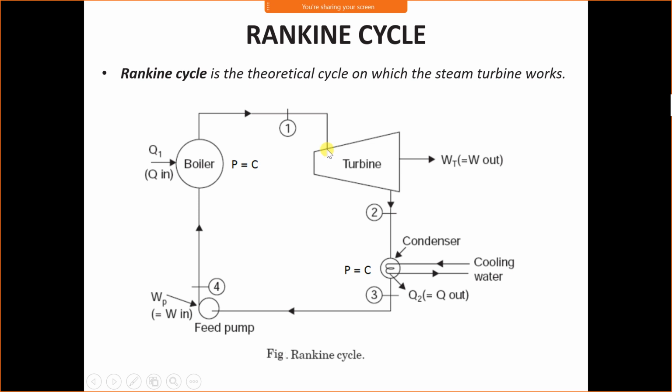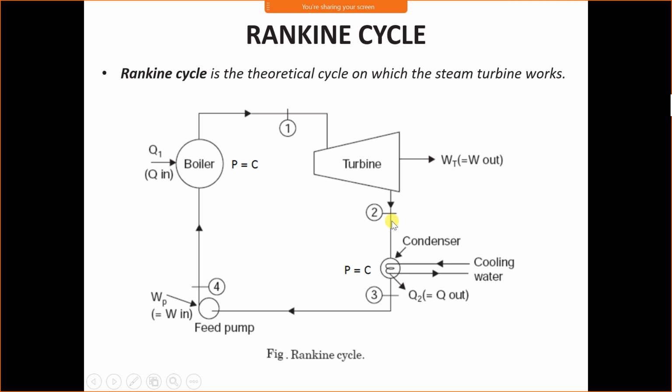The steam which is supplied to the turbine is exhausted and supplied to the condenser. The steam coming out of the boiler is at high temperature and high pressure. This steam enters the turbine, where the temperature and pressure both decrease.